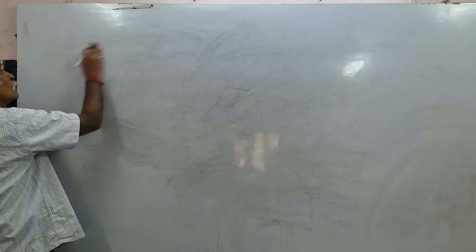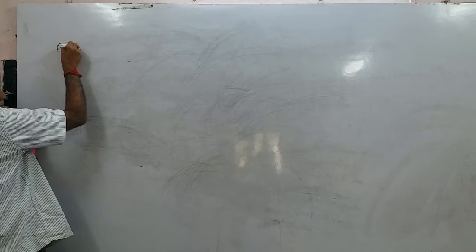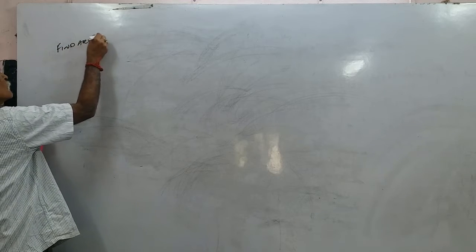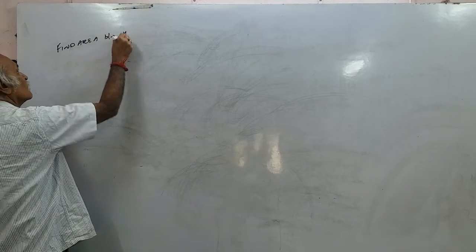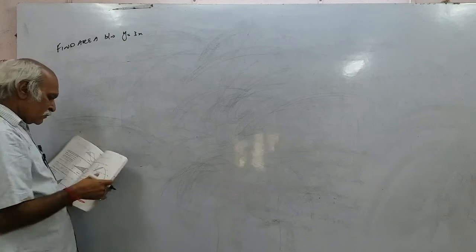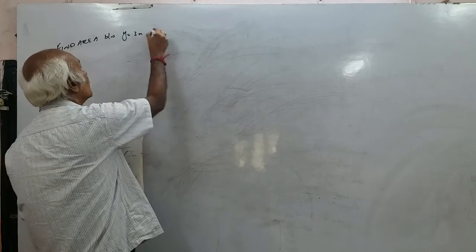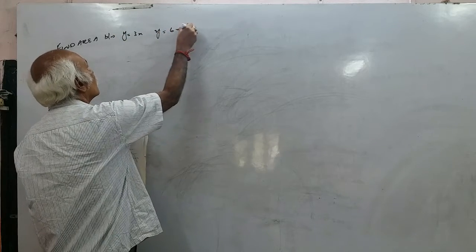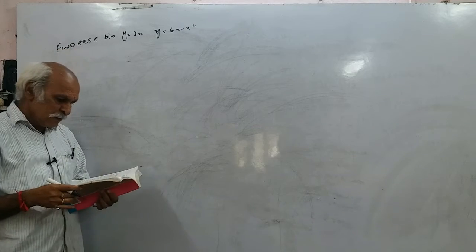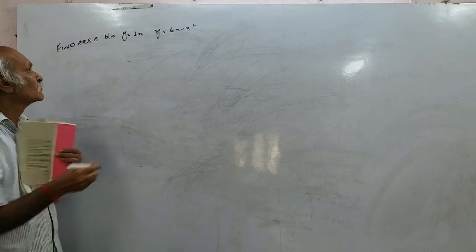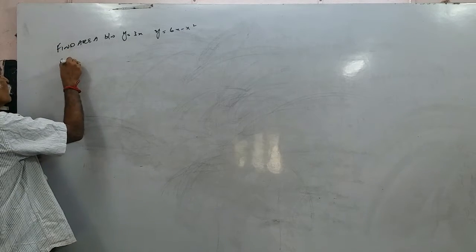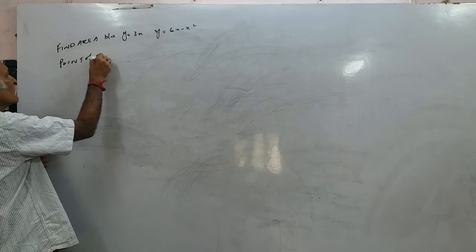Find the area between y is equal to 3x and y is equal to 6x minus x square. Now, first we have to find the point of intersection.